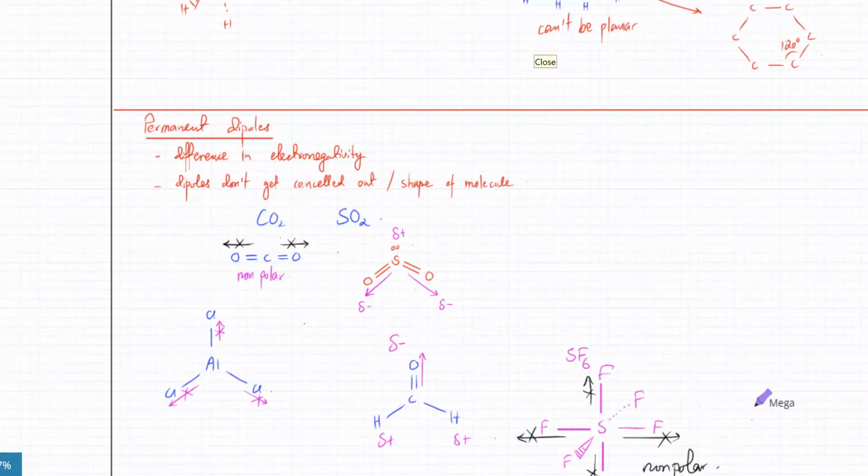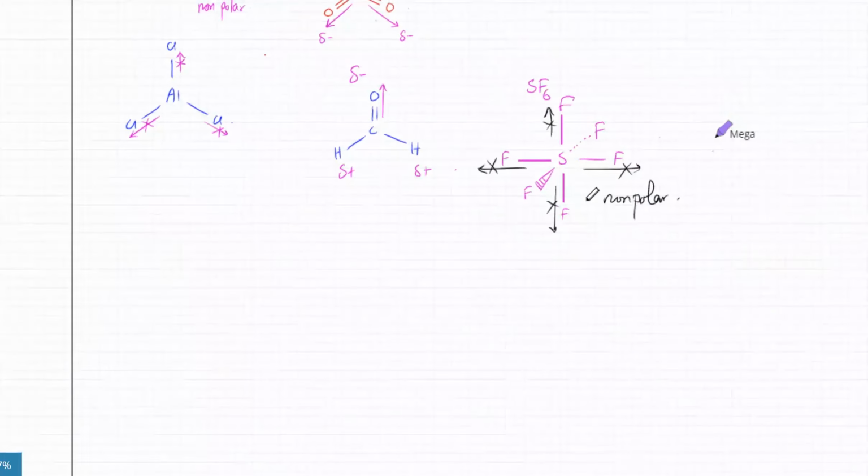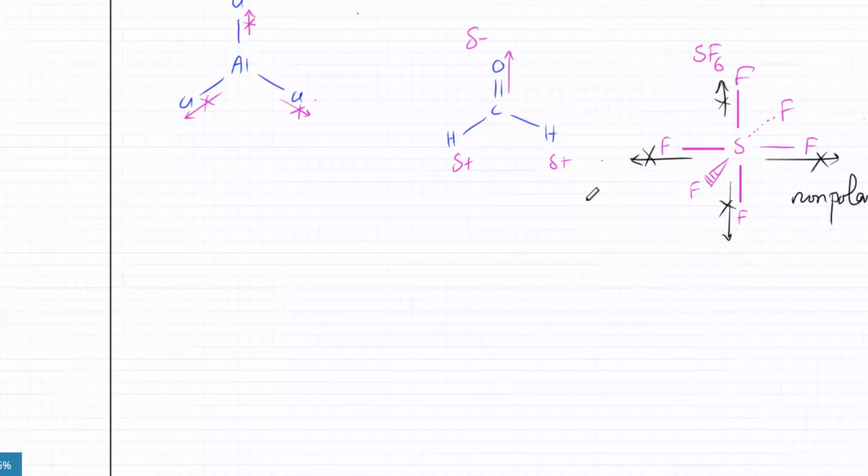ठीक है, so you do get questions where you have similar types of elements. ठीक है, what if you have, ये कर लेते हैं, what if you have this one, C double bond O, and on one side you have an F atom, and on the other side you have another F atom.